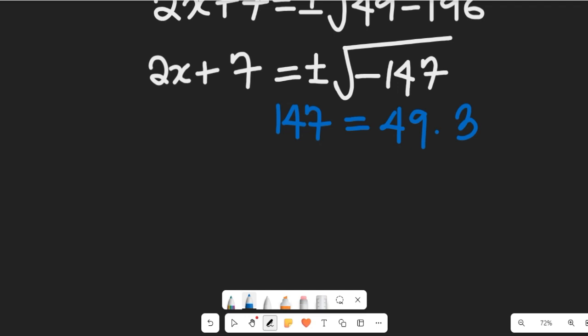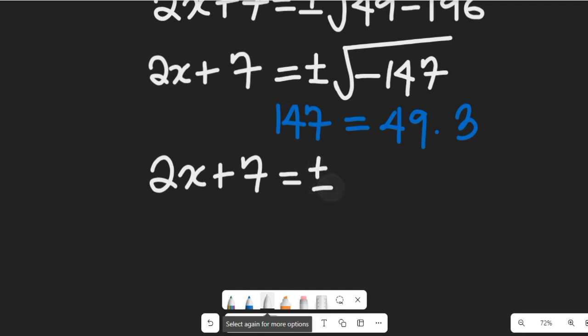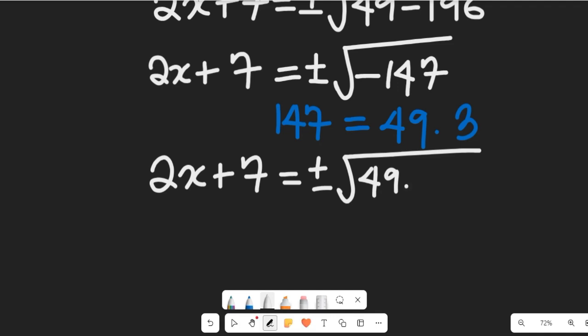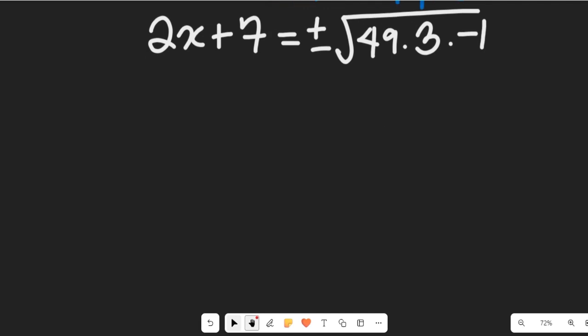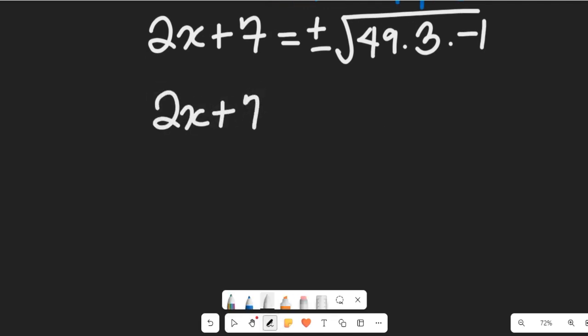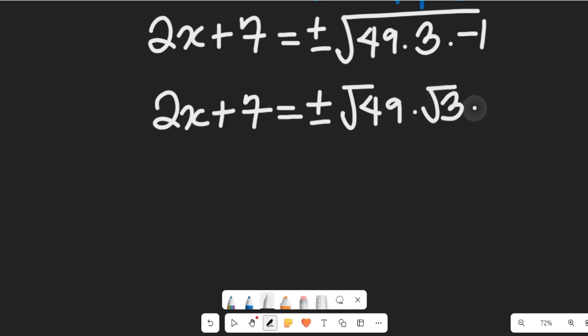So I can replace that, and that expression will give me 2x plus 7 equal to plus or minus the square root of 49 multiplied by 3 multiplied by negative 1. That can be simplified further to plus or minus the square root of 49 multiplied by the square root of 3 multiplied by the square root of negative 1.